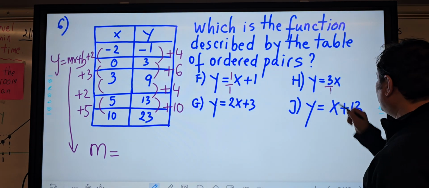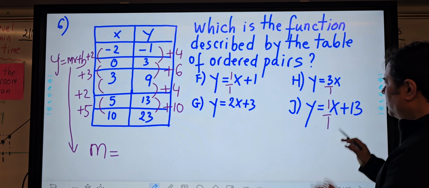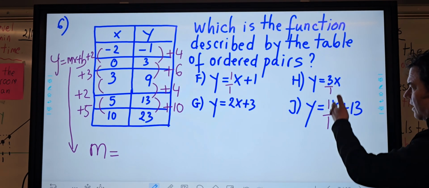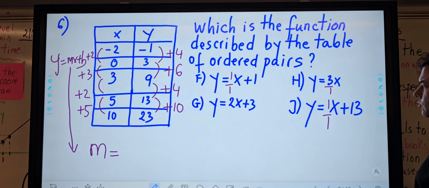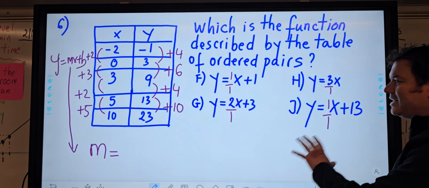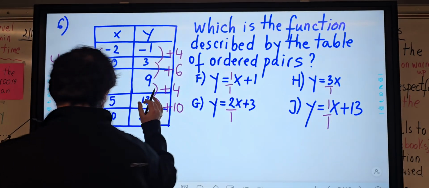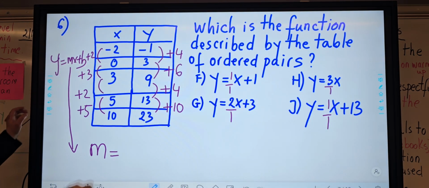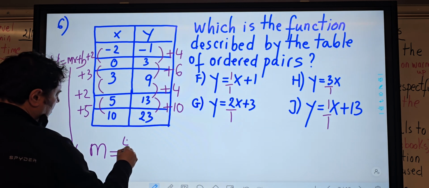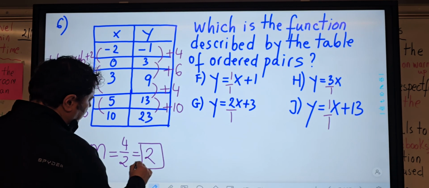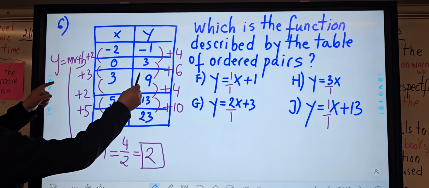Here we have 3 over 1. Another 1 over 1. We can do that since we do not have a number in front of x. We are using the invisible one, and here we have 2 over 1. So let's see what our slope would be. We have 4 divided by 2, which equals 2. Okay, the first one gave us 2 as a slope. Let's continue with the second one.